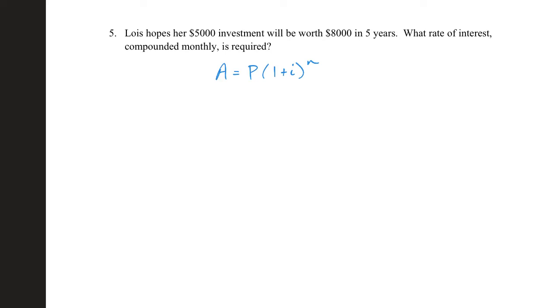Okay, we're back. So I'm hoping that we were pretty comfortable to be able to just go through and say, okay, Lois invested $5,000. She hopes that it's going to turn into $8,000. It's going to take 5 years to do that. The question asks me what rate of interest compounded monthly.